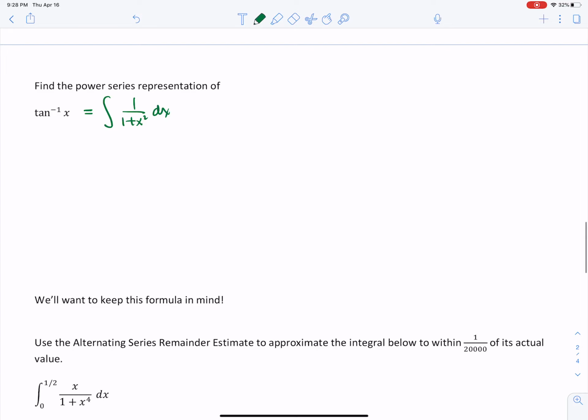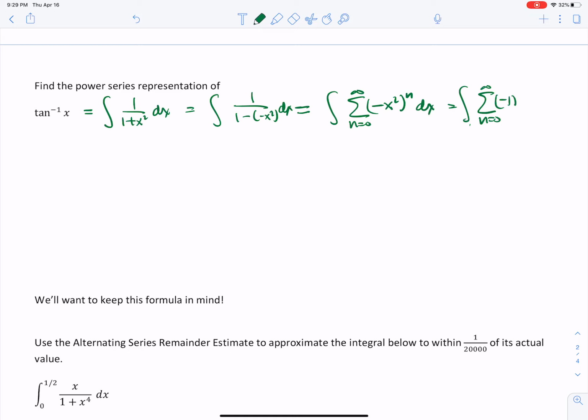Well, hopefully we can think about this as 1 over 1 minus the quantity opposite of x squared, which in turn means I can write this in the form summation n equals 0 to infinity opposite of x squared to the n, but then I can rewrite that still as minus 1 to the n x to the 2n.